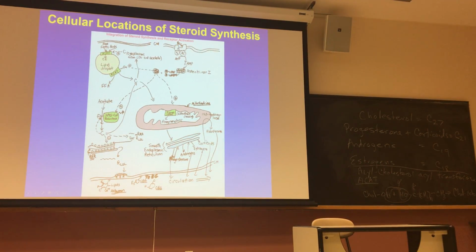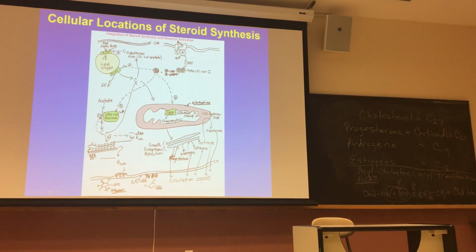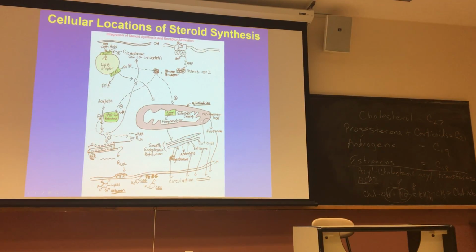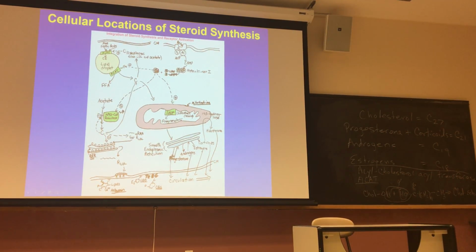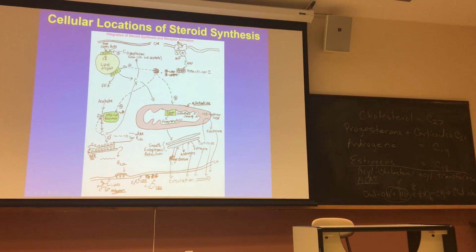It turns out that the last step between glucocorticoids and aldosterone, which is an 18 beta hydroxylase, is also found in the mitochondria.